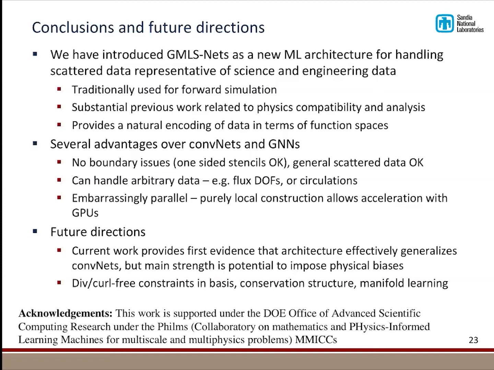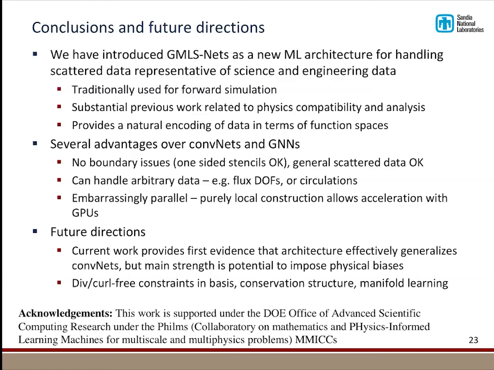So the real benefit to this is that these are just some first steps, but the main contribution that we think this has the potential to do is engineer physics more directly into convolutional net style architectures. So you can work within the GMLS problem.